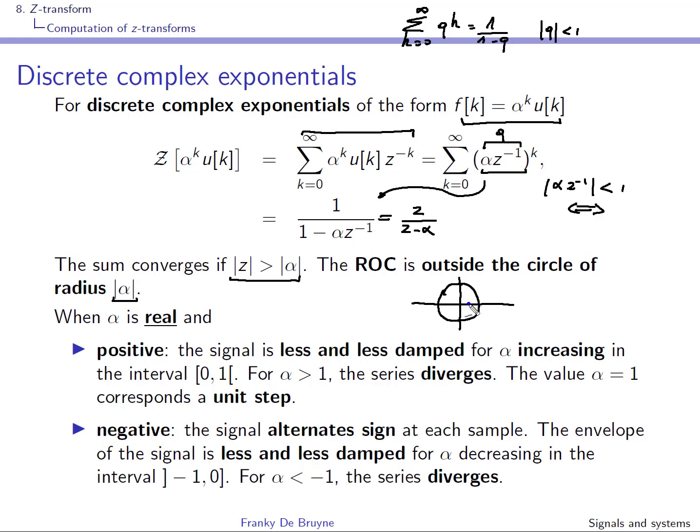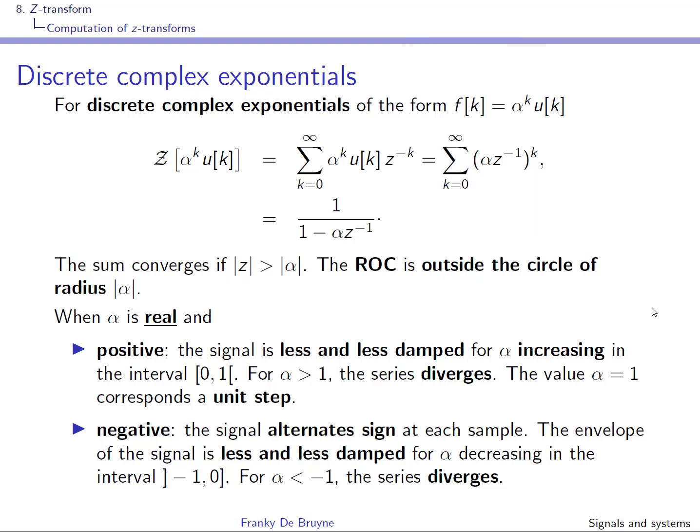Since we have only one pole, you construct the circle on that, and the region of convergence is outside that circle of radius alpha, right? And this is indeed consistent with what we had found over here.